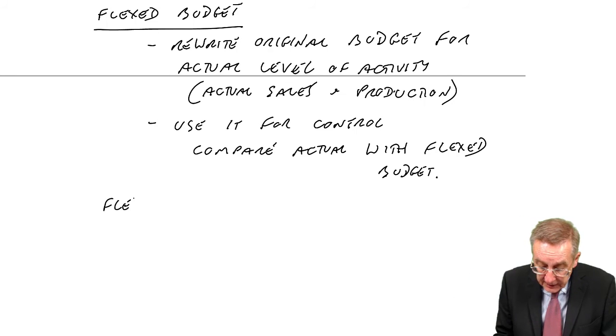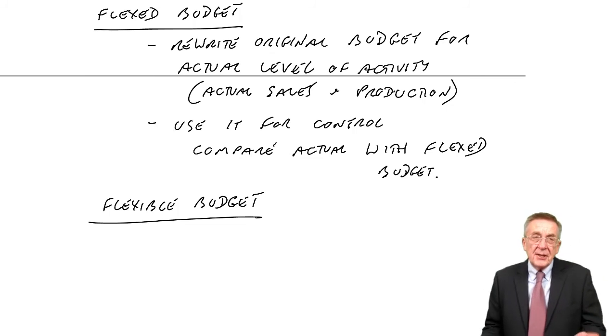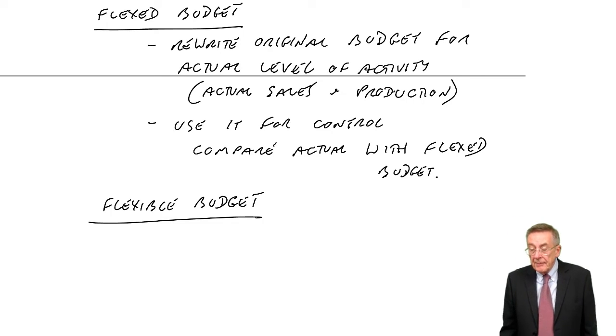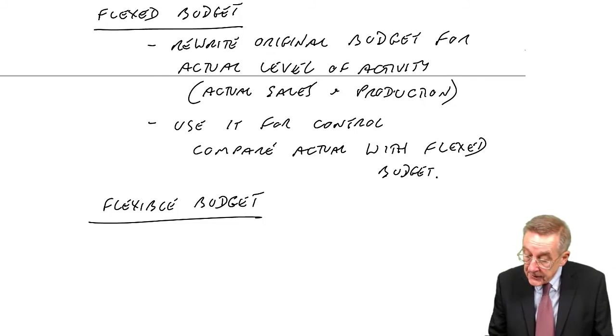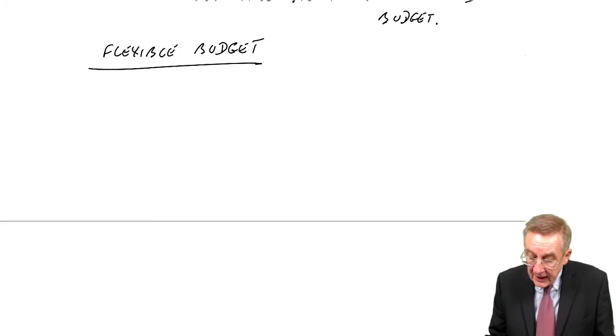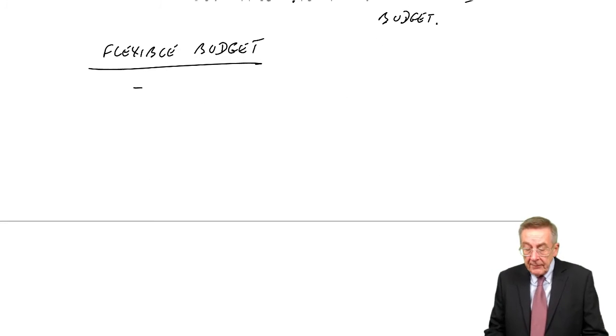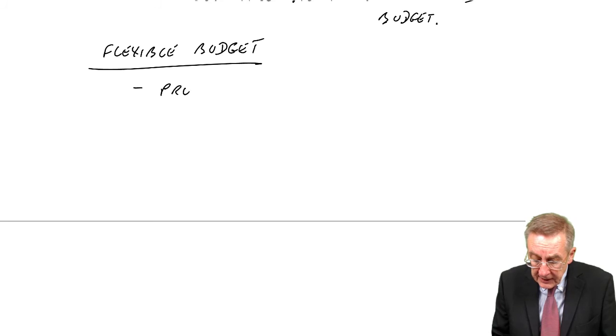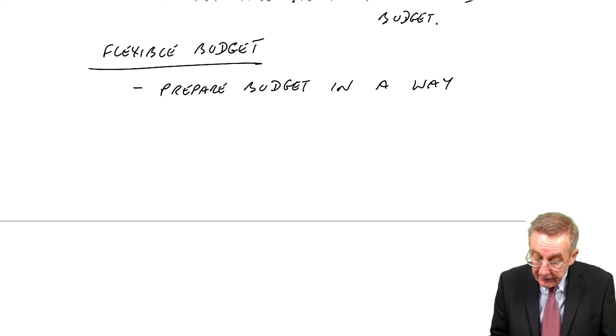Finally, flexible budget. Generally speaking, means the same as flex budget, to be honest. Strictly what it is, let me write and then explain. It's we prepare the budget in a way that can be easily flexed.